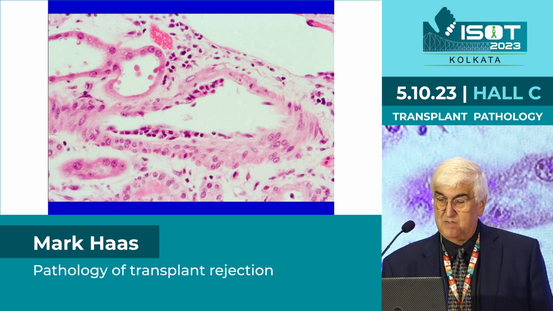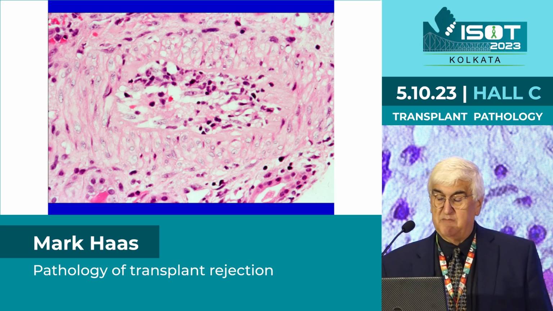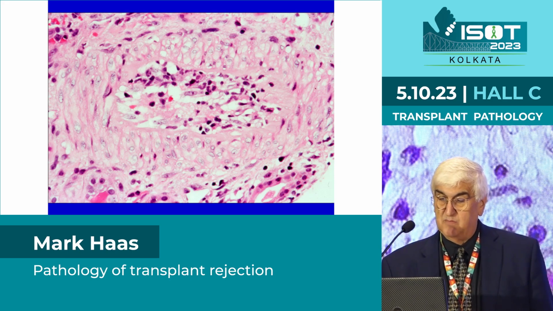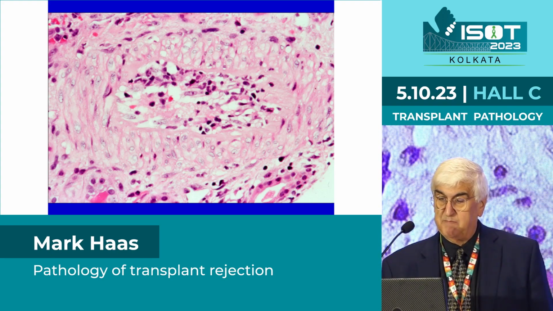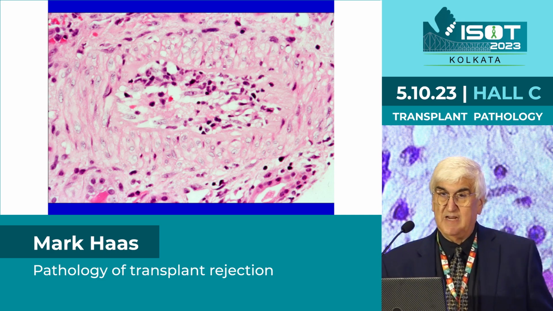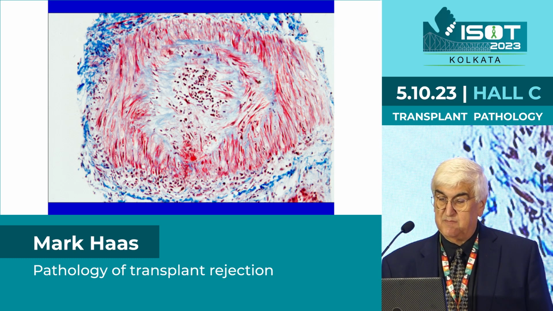This may be mild with preservation of most of the luminal area, or it may be more severe, in which most of the lumen is occluded. Here's the endothelium here, and these are all leukocytes with some accompanying edema beneath the endothelium.